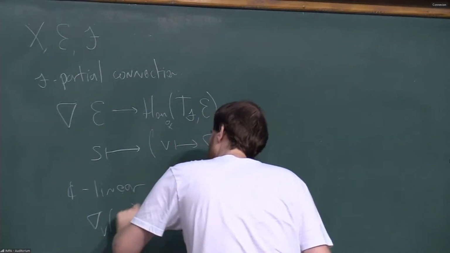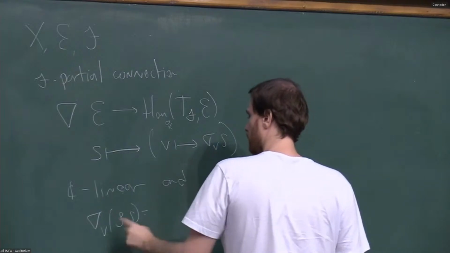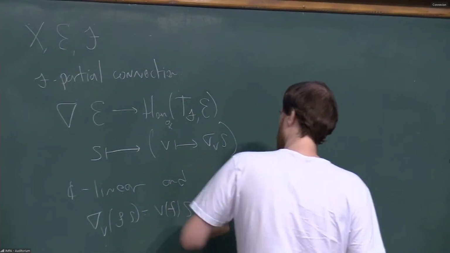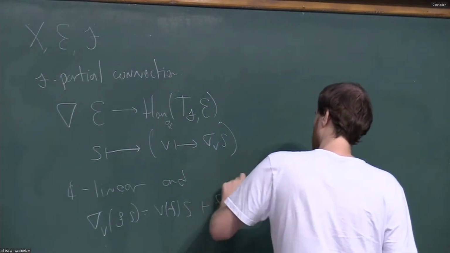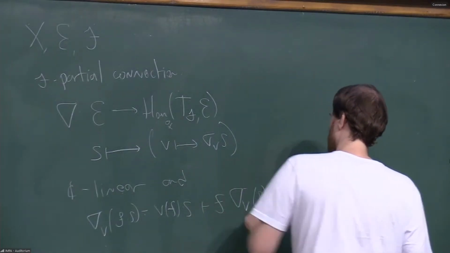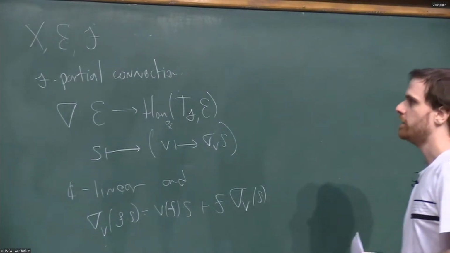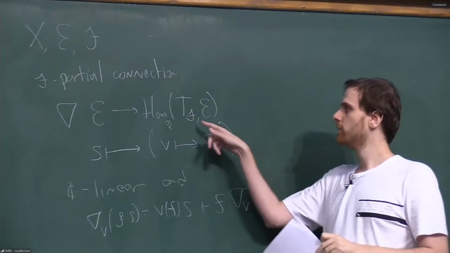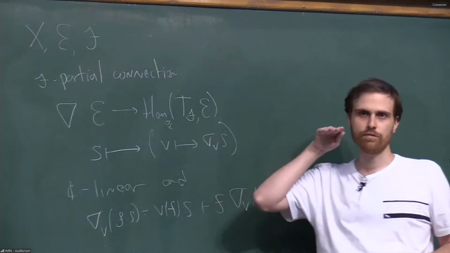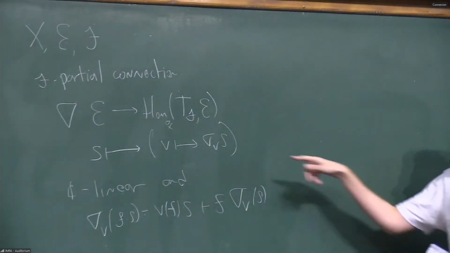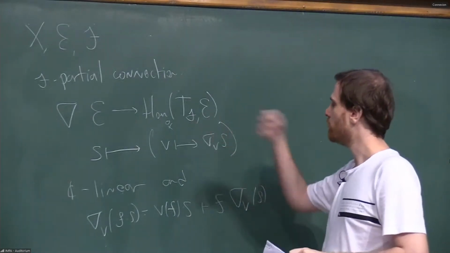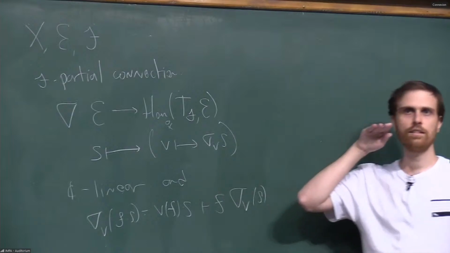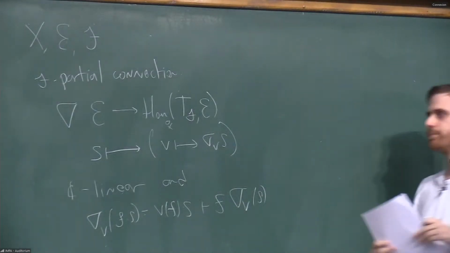The derivation of the product of a function by a section is the derivative of the function times the section plus the function times the derivative of the section. The difference here is that we don't know how to derive in every direction of the manifold. We just know how to calculate the derivative of a section in directions tangent to the foliation.